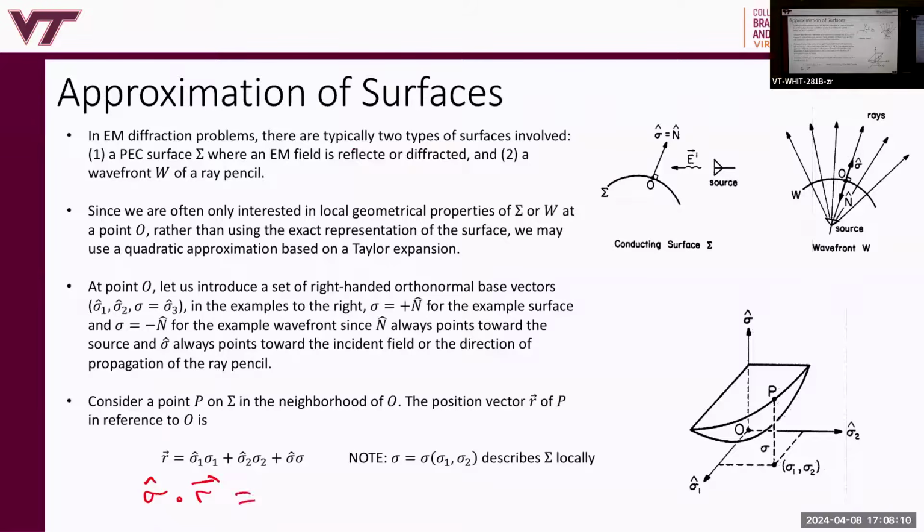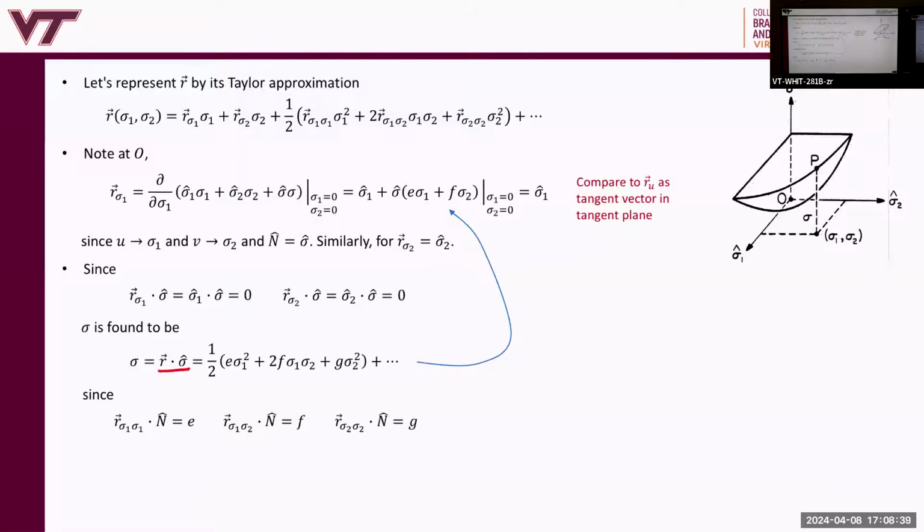That's going to give me sigma dotted with sigma 1 plus sigma dotted with sigma 2 plus sigma dotted with sigma times sigma, right? And what happens? Sigma dotted with sigma 1, orthogonal. Sigma dotted with sigma 2, orthogonal. Sigma dotted with sigma is nothing but 1, and then you get sigma. All right? So we go back here. R dotted with sigma gives us sigma, and that ends up being this, right?